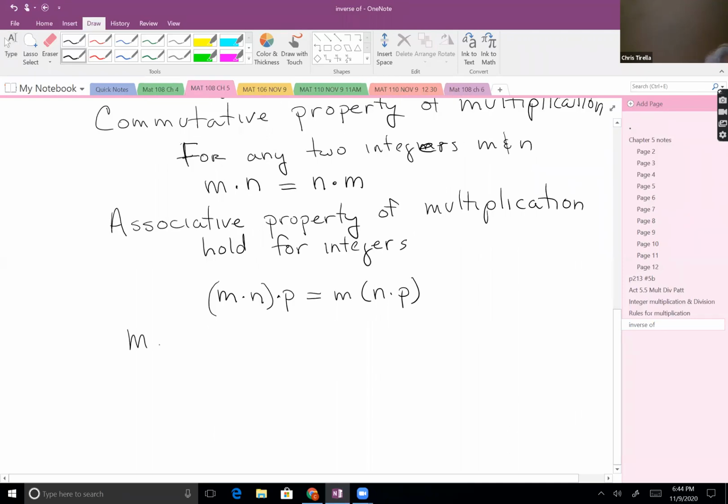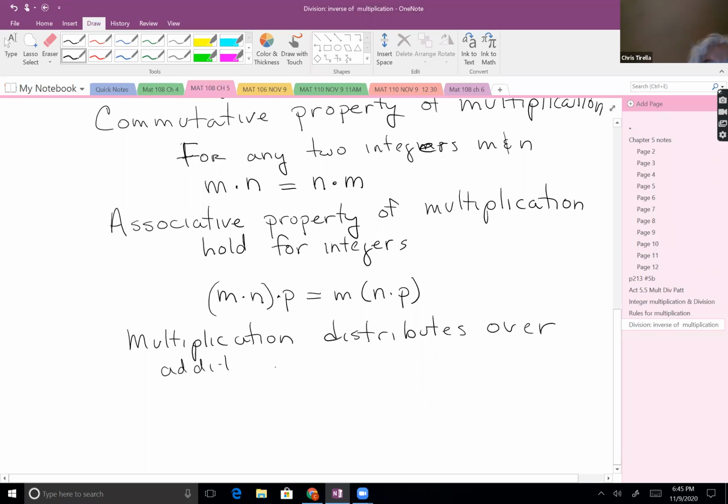We'll see that multiplication distributes over addition. So m times n plus p will equal m times n plus m times p.